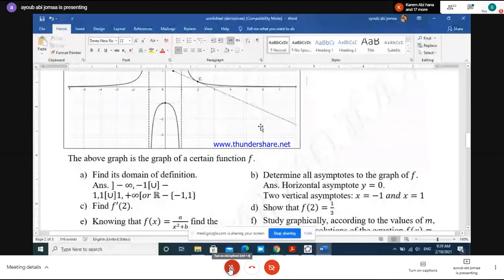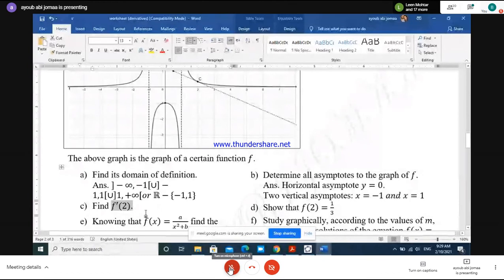Forget this graph and the whole exercise for now. When we talk about f prime of a number, the graphical representation of the derivative, what does it represent? What does it represent?